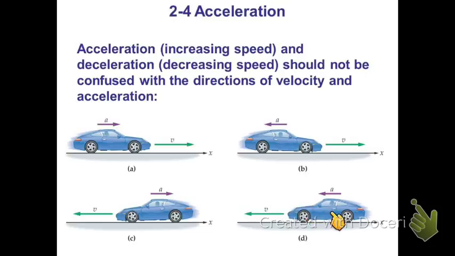But in this picture, the car is moving toward the negative x-axis with its velocity in the negative x direction, and its acceleration is also toward the negative x-axis. Since the acceleration and the velocity are in the same direction, the car is speeding up in the negative x direction.